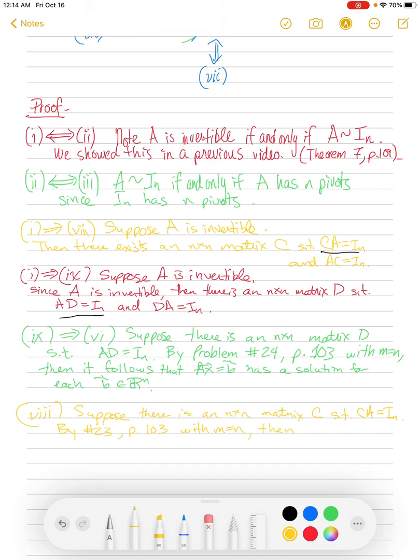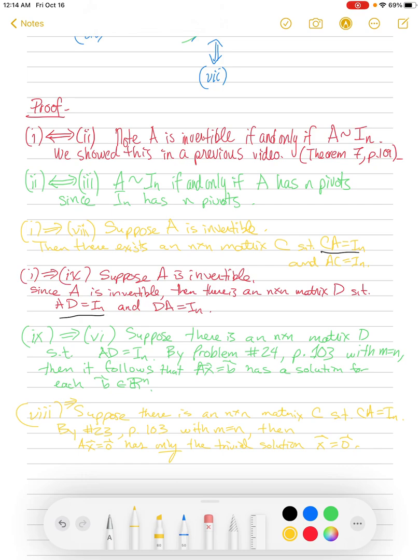That means then, how did it go? The homogeneous equation, AX equals 0, has only the trivial solution. I'll say x equals 0. So we proved that in class. So, okay, I'm just reciting old stuff.